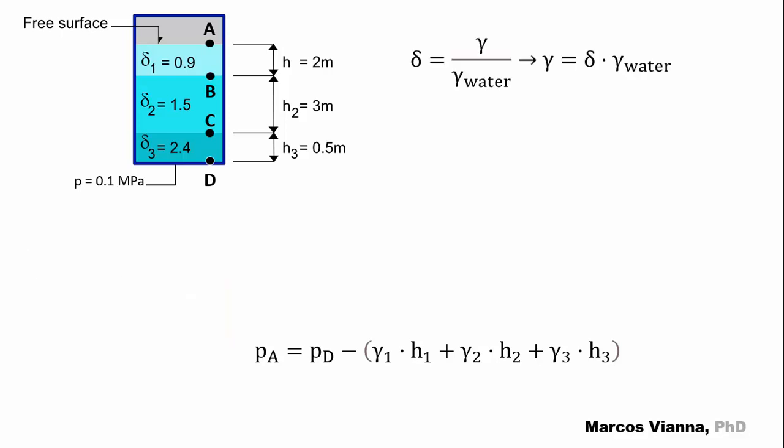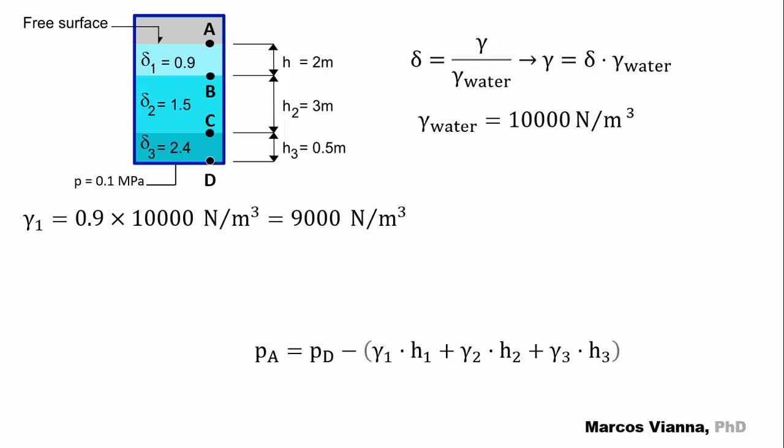But as we know, delta equals gamma over gamma water. So gamma equals delta times gamma water. Thus, assuming that gamma water equals 10,000 newtons per cubic meter, gamma 1 equals 0.9 times 10,000 equals 9,000 newtons per cubic meter.